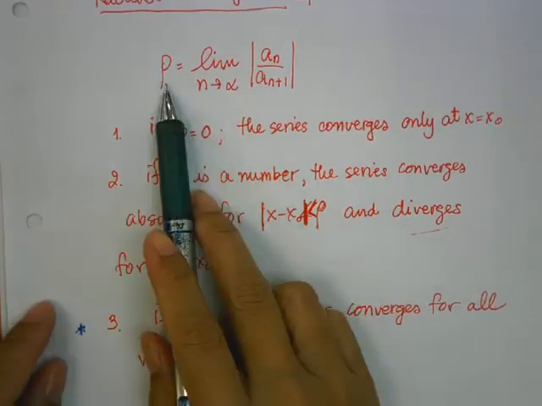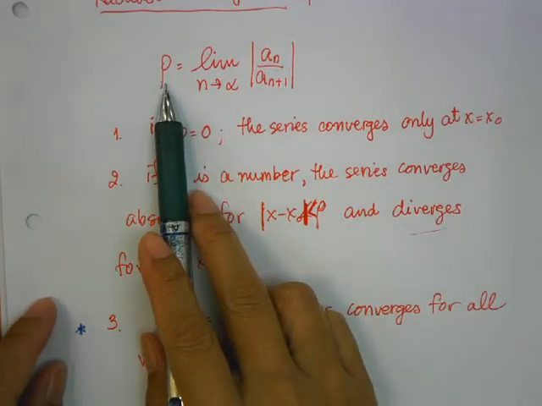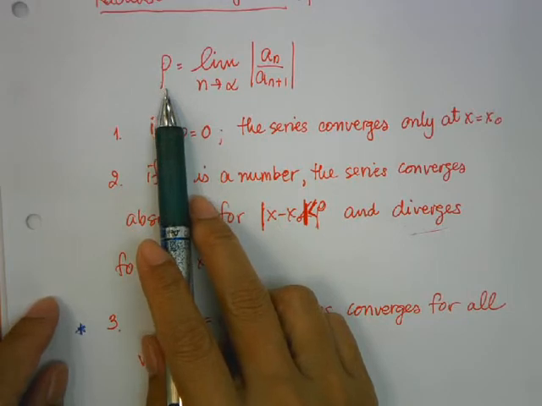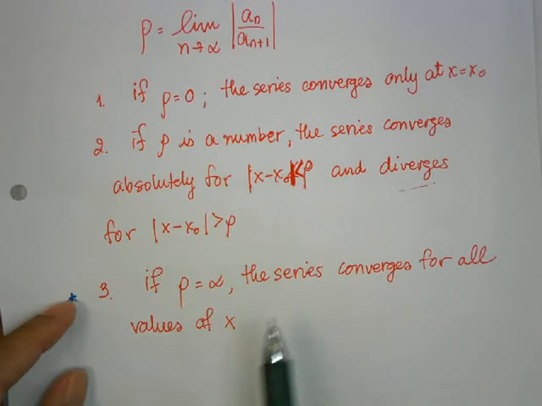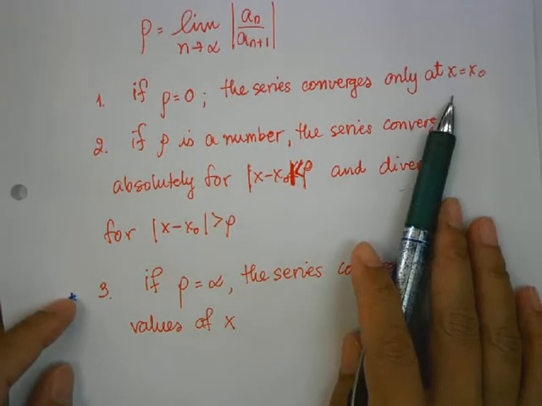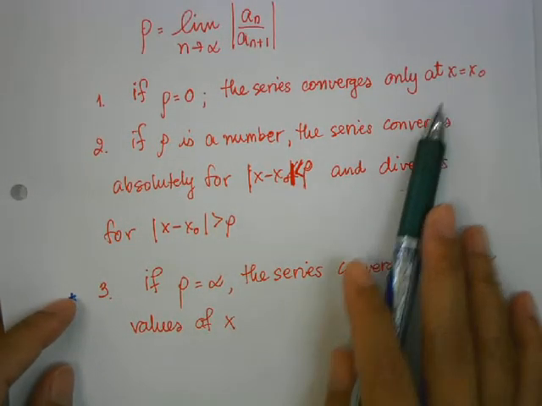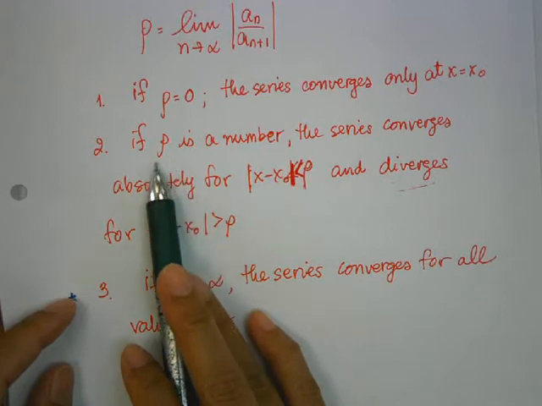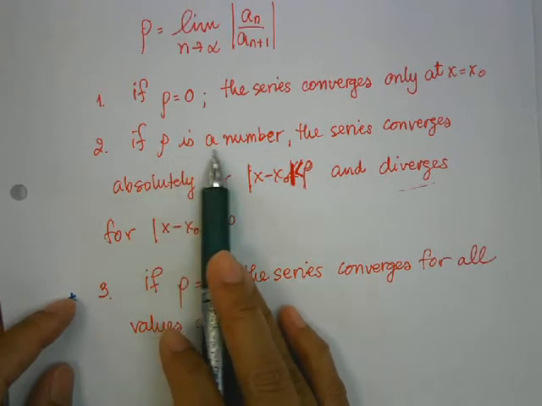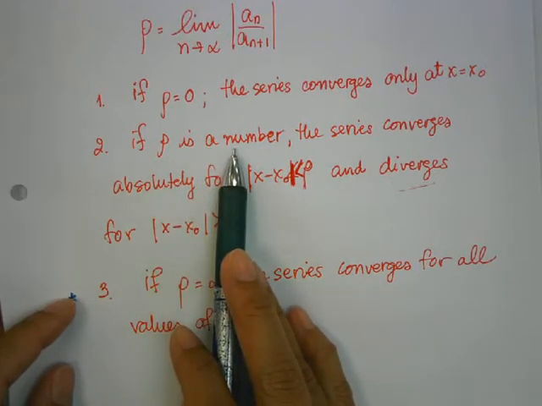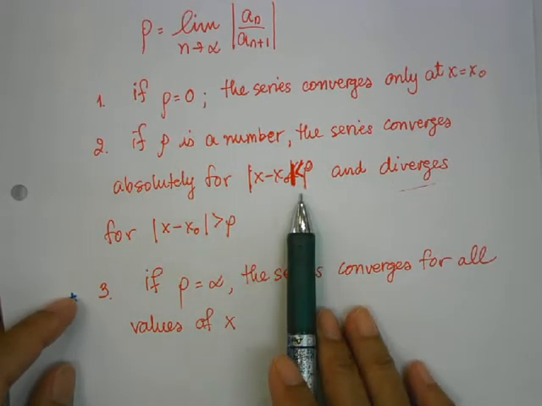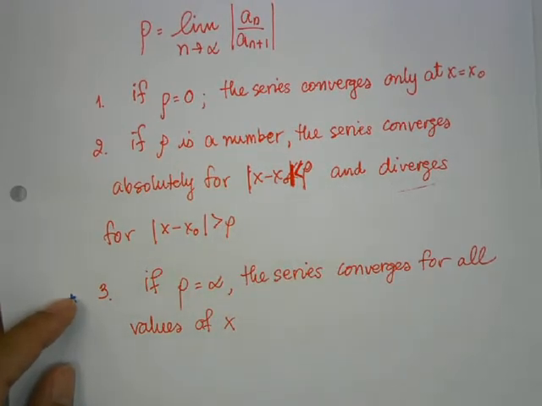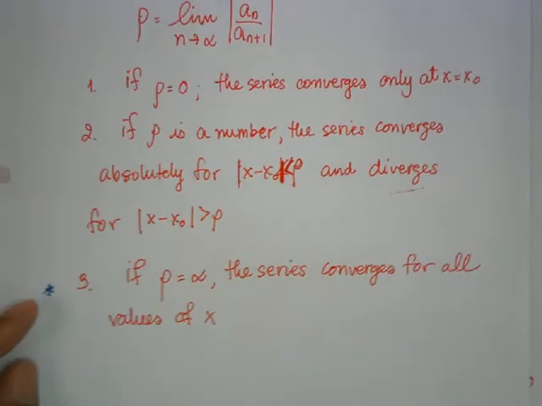You better check whether this solution converges for every x value, or it converges only where x is equal to 0, or if our radius of convergence is a number, then you have to find the range where the solution is convergent.